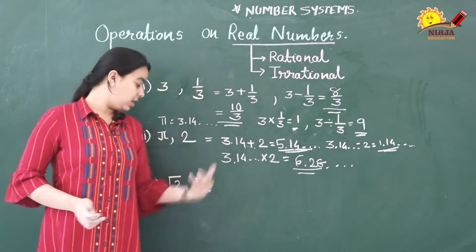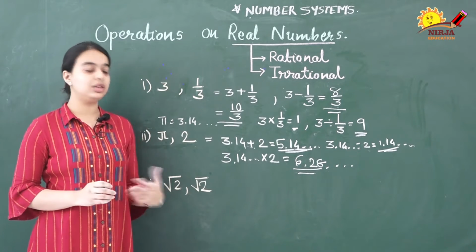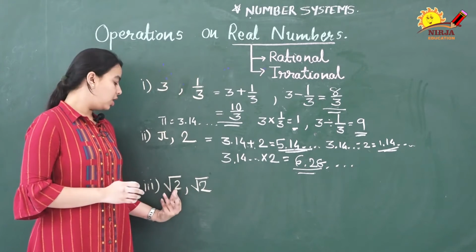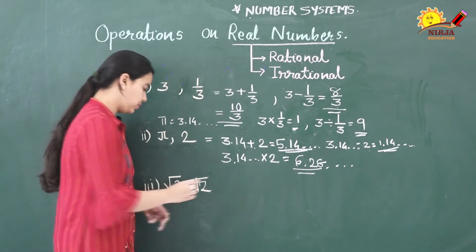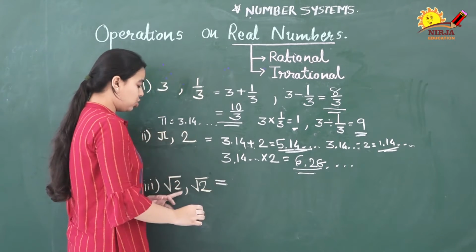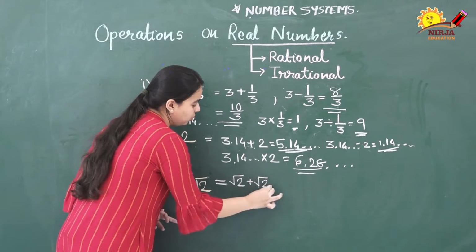Now let's see another example. Under root 2, under root 2, and both numbers are irrational. Yesterday only we saw that under root 2 is irrational. If I add this first, under root 2 plus under root 2, what is the value of under root 2?